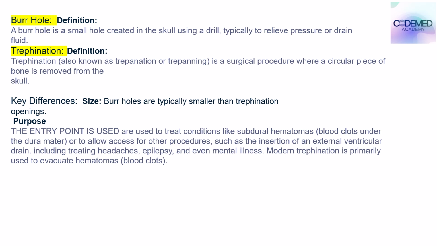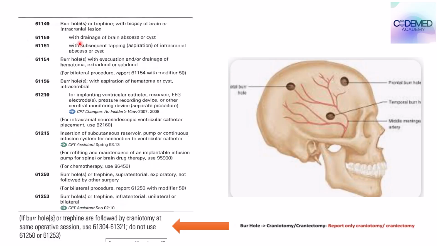So that's the reason why we do the burr hole or trephination. And now let us look at the CPT. So let us look at the codes for the burr hole or trephine. If you see the code language, it uses burr hole or trephine. There is no distinction between whether the burr hole codes are different or the trephine codes are different. You can use the same code for both.